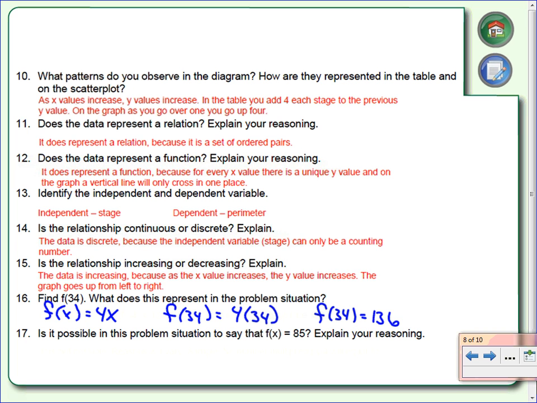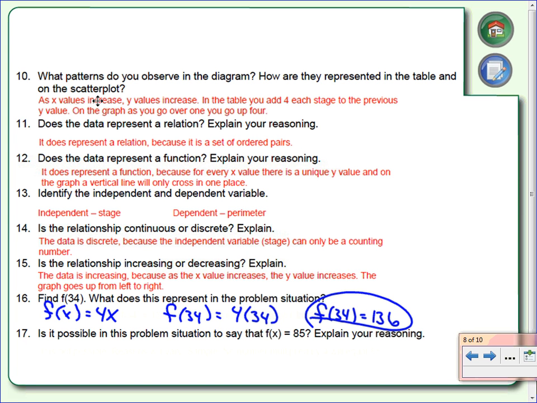So write this down for me. F of 34 equals 136. In other words, the perimeter is 136 at stage 34. That's what this is saying. 136 is our perimeter at stage 34.